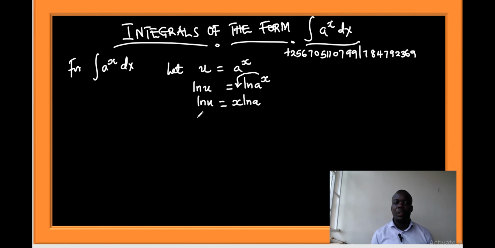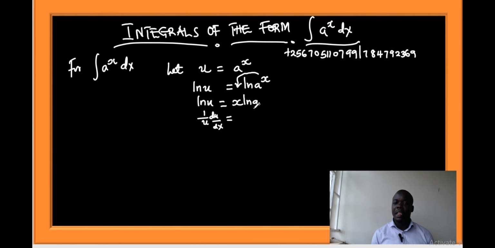Now, should you differentiate both sides with respect to x? Definitely here, if you differentiate ln u with respect to x, you will get 1 over u du dx, and this will definitely be differentiating x ln a.